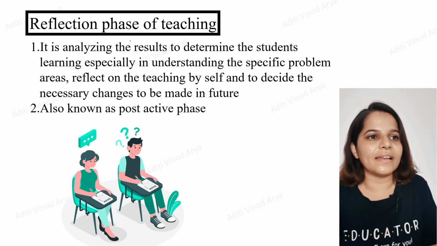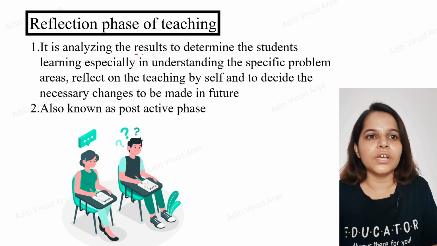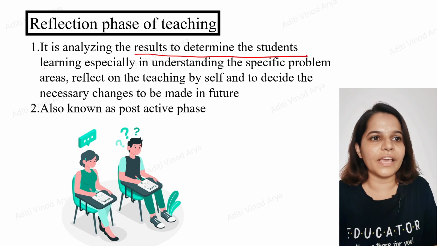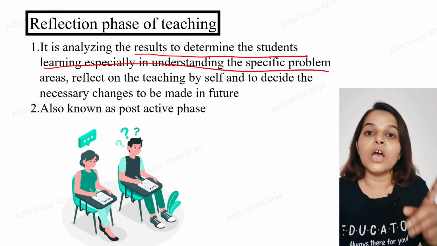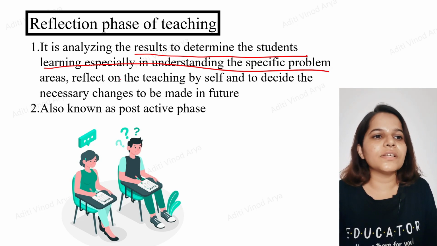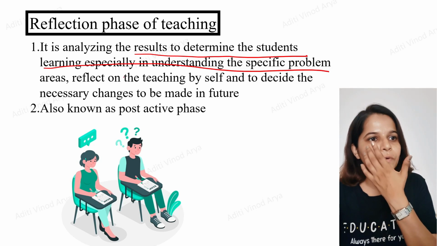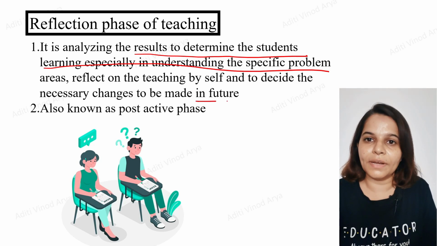So here it is analyzing the results to determine the students' learning, especially in understanding a specific problem area, and reflecting on the teaching itself to decide the necessary changes to be made in future.